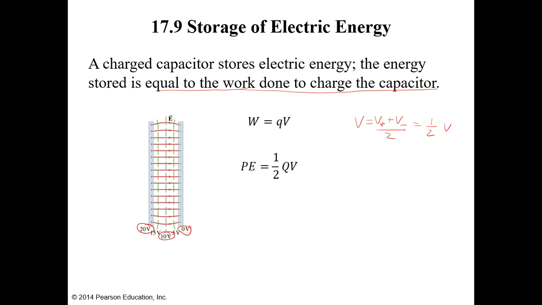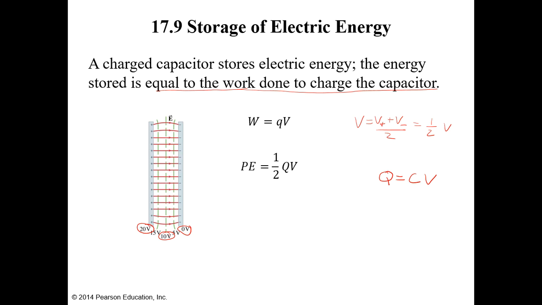Voltage isn't a problem, but how do you find the charge that's built up on the capacitor? Well, remember that earlier we defined capacitance as being able to solve this equation, that the capacitance times the voltage equals charge.